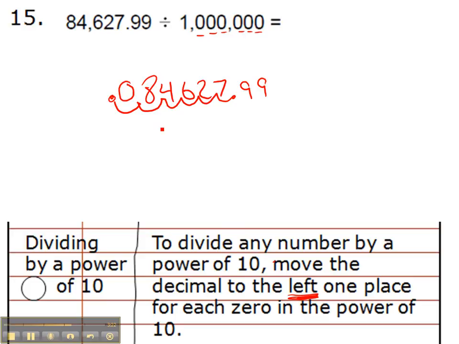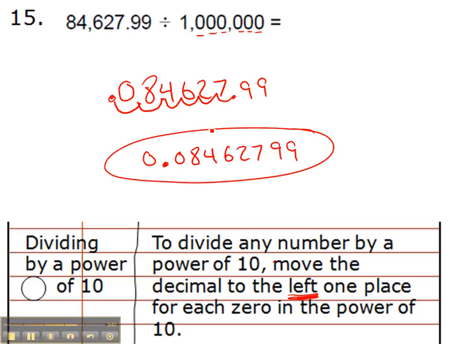We put a 0 in that empty space, and we get 0.08462799. And typically, we won't just leave a decimal like that. We'll put a leading 0. So 0.08462799.